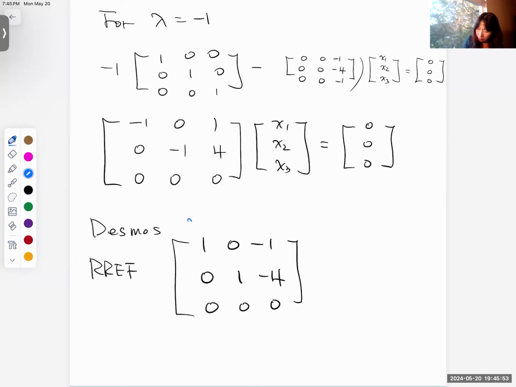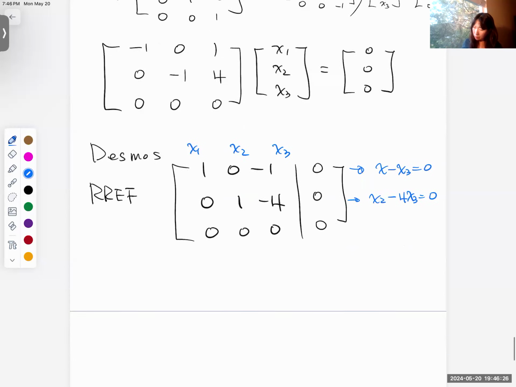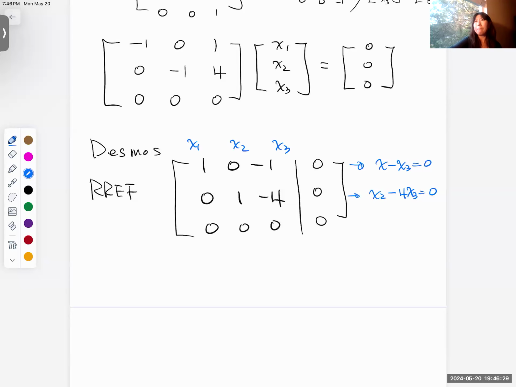So there will be x of 1, x of 2, x of 3 equal to 0, 0, 0. So there will be x of 1 minus x of 3 equal to 0, x of 2 minus 4 x of 3 equal to 0, and 0 equal to 0, a true statement, right? Okay, so which one is free? x of 3 is free.